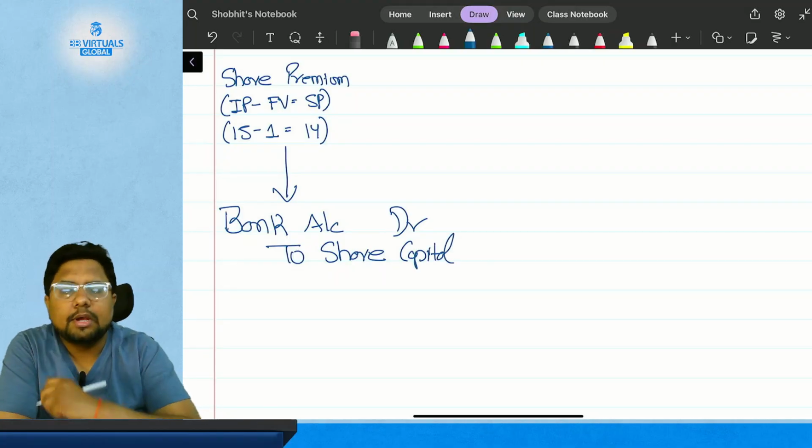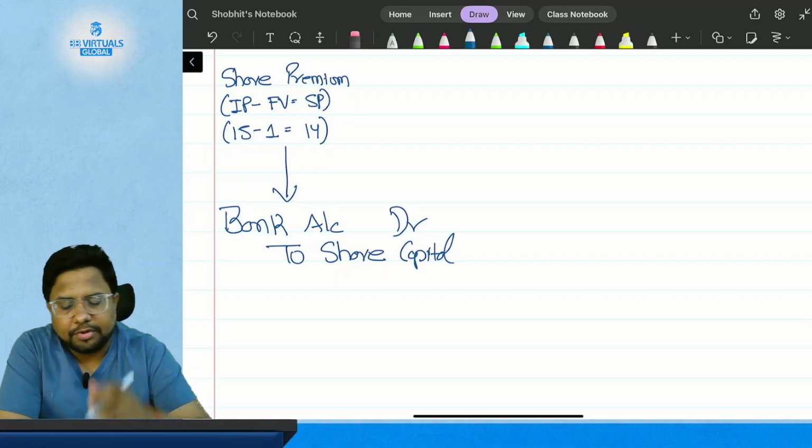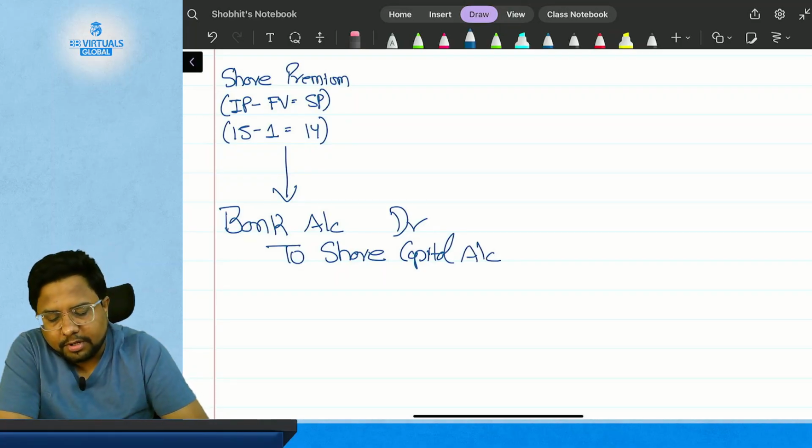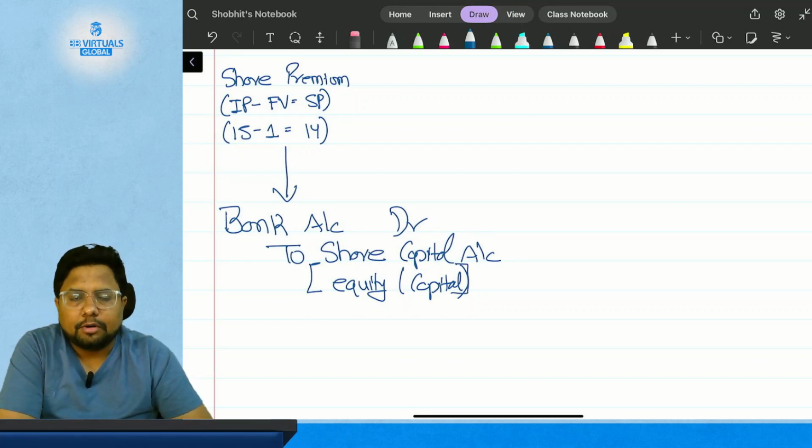This share capital is the capital of the company, which is treated as equity or capital for the purpose of accounting, so it will be shown under equity or capital in the balance sheet or statement of financial position.